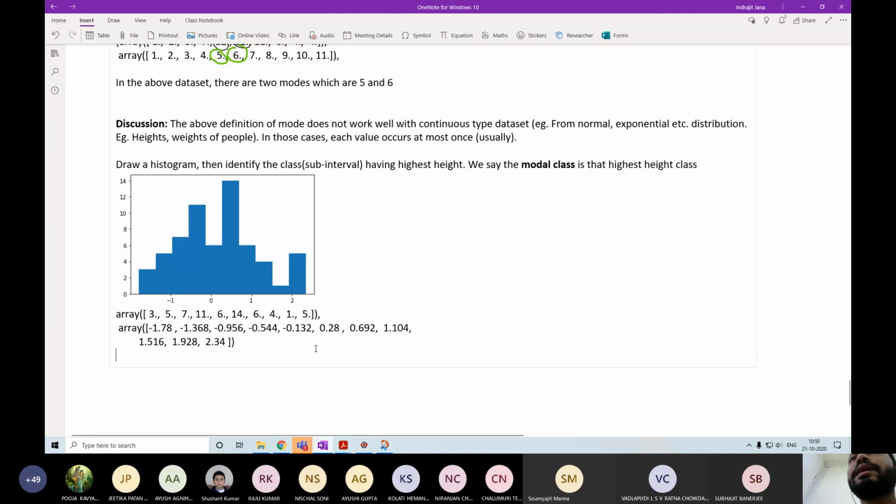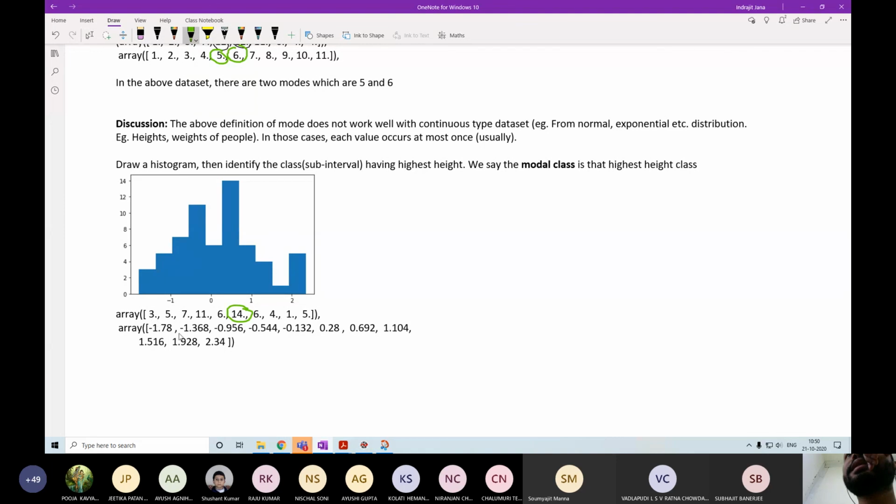Okay, so the highest frequency here is this one, which is 14, right? And that class corresponds to which one? Let's say 3 is this one, 7 is this one, sorry, 3, 5, 7, 11, 6, 14, okay, this one. So this is the modal class.